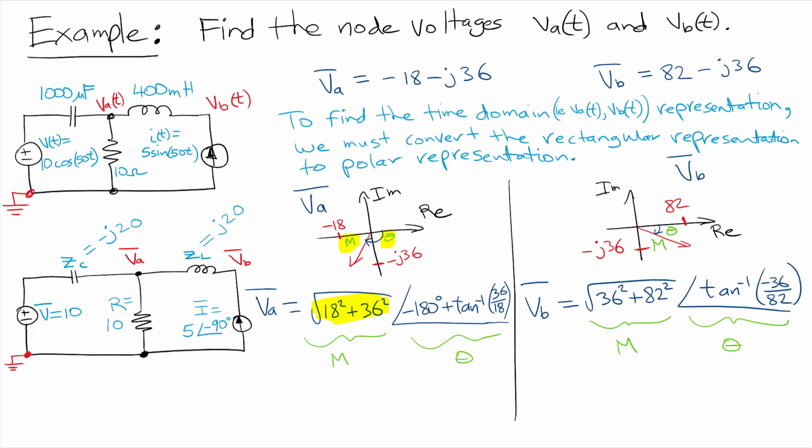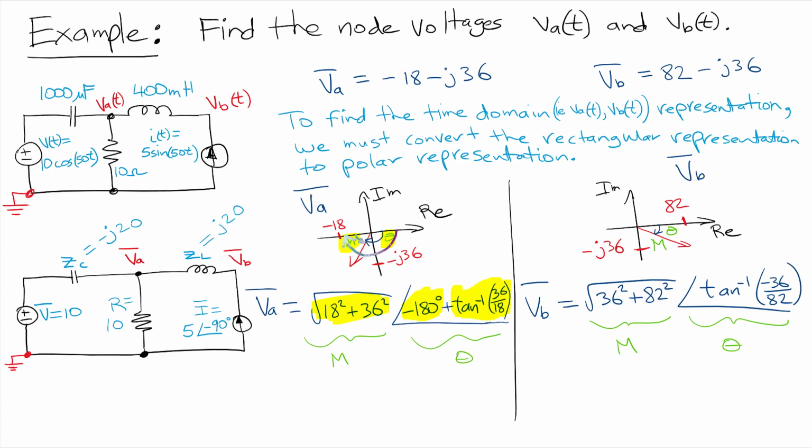How I've calculated it here is I'm going around all the way here, and that is my minus 180 degrees, and then I'm coming back here, and that is the arctan of 36 divided by 18. You'll just work out your trigonometry however you do it. There are different ways of doing this, and this is one way of solving for theta. So this is how we convert rectangular to polar form.